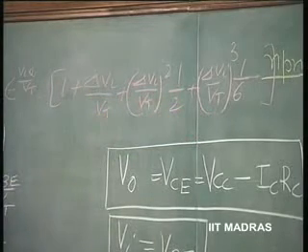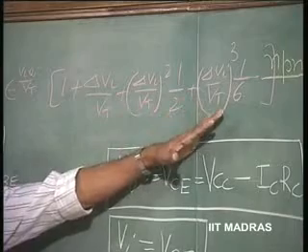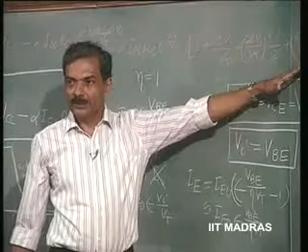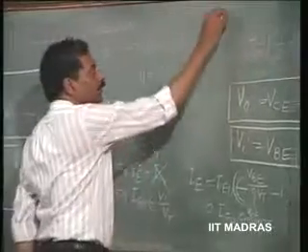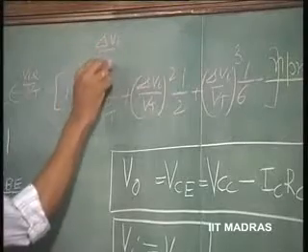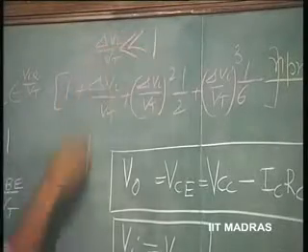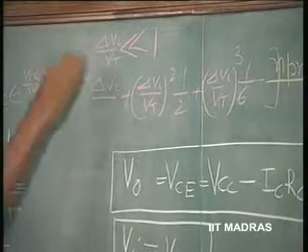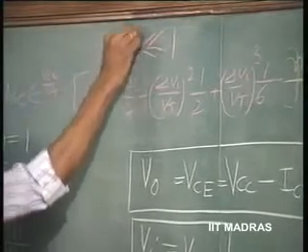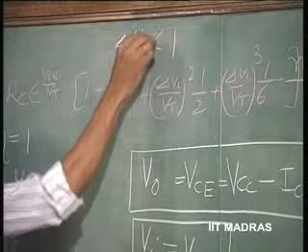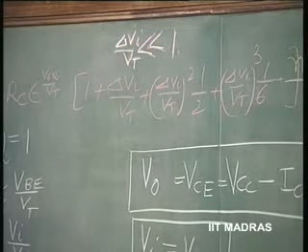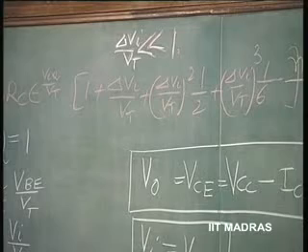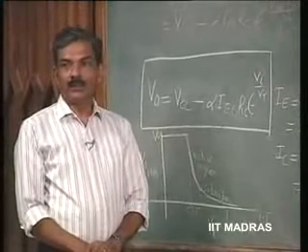We have to make these nonlinear terms as small as possible to reduce distortion. That means delta Vi by Vt should be much less than 1. This is important for making this common emitter transistor a good amplifier. We will discuss further in the next class.